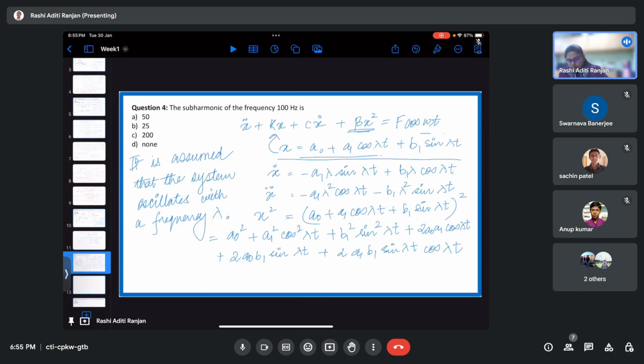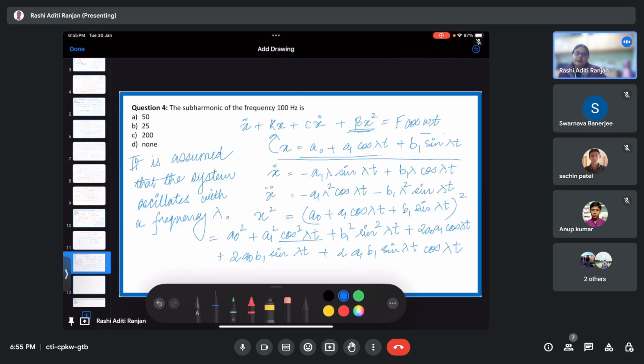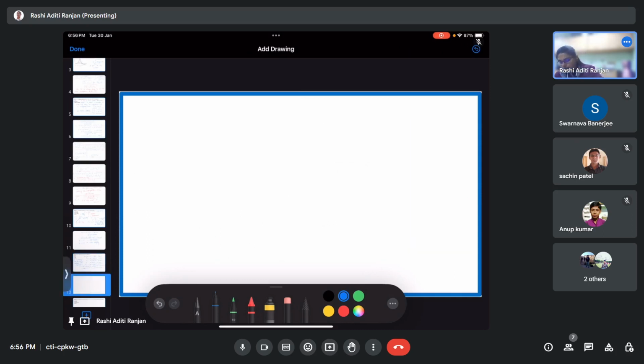So here you can see that we have a term of cos square lambda t, we have a term of sine square lambda t, and we have a term of sine lambda t cos lambda t. So we'll use some trigonometric equations, like we know cos square lambda t would give us (1 plus cos of twice of lambda t) by 2. Similarly, sine square of lambda t would give us (1 minus cos of twice of lambda t) by 2, correct?